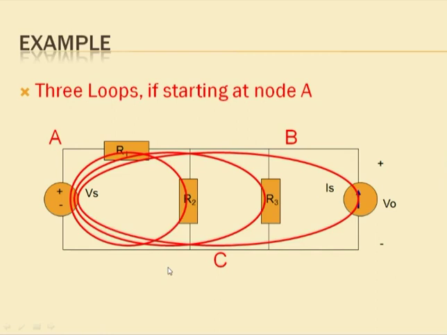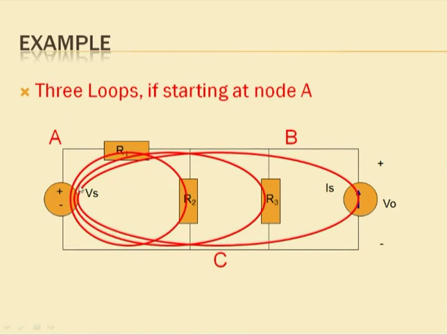So here we have considered three important circuit terminologies. The first one is the node. In this circuit, A, B and C are the nodes. Then the branches: R1, R2, R3, IS and VS. These five elements are given in the circuit and they form the branches.